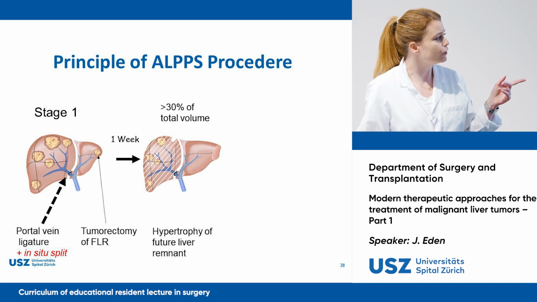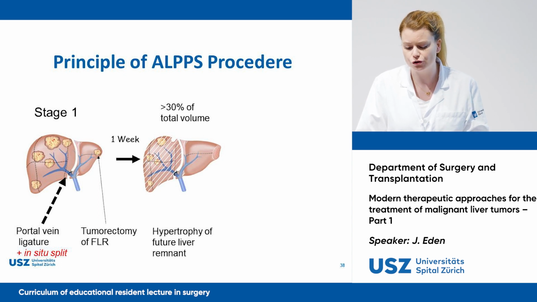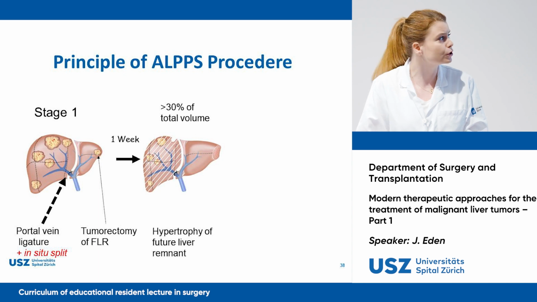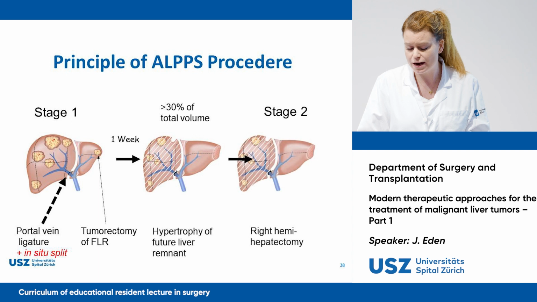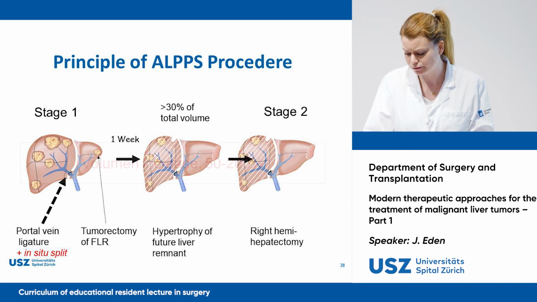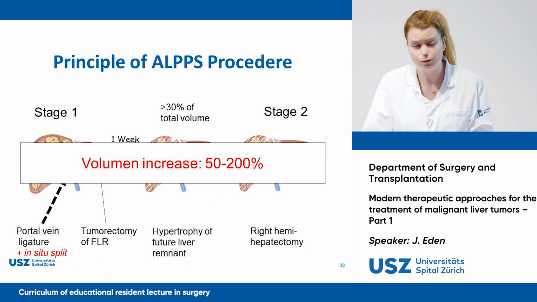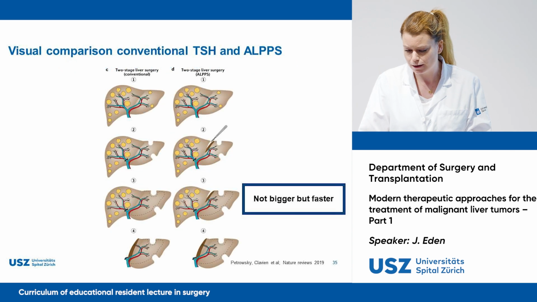We only wait 1 week, and already a hypertrophy of the future liver remnant happens, and we have a total volume increase of about 30%. So then we can go and do our stage 2 procedure, which is, in this case, the right hemihepatectomy. And we have a total volume increase, and that's important, of about 50 to 200%.